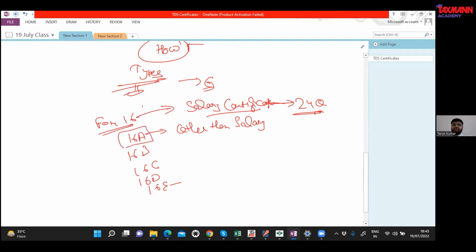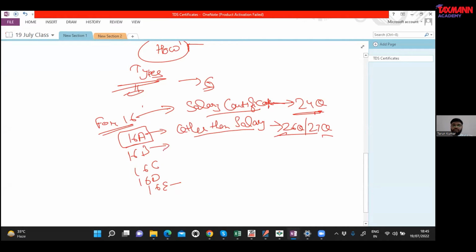Then 16A is for TDS deducted on payments other than salary, and the corresponding TDS returns are Form 26Q and Form 27Q. 26Q is for payments made other than salary, and 27Q is for payments made to non-residents, right?